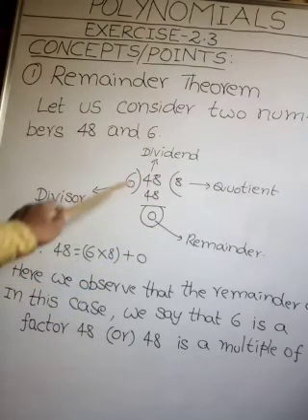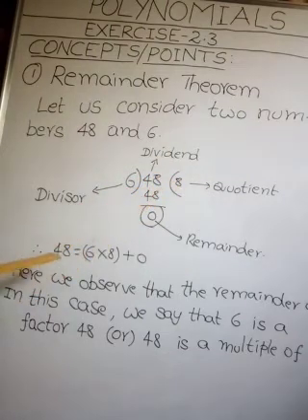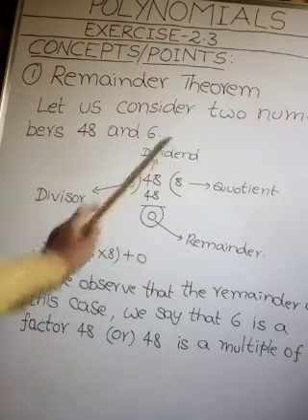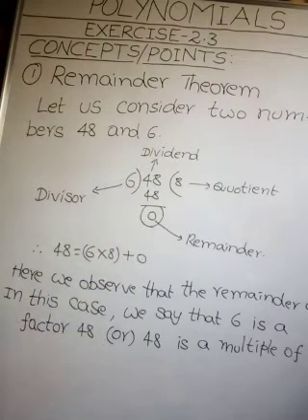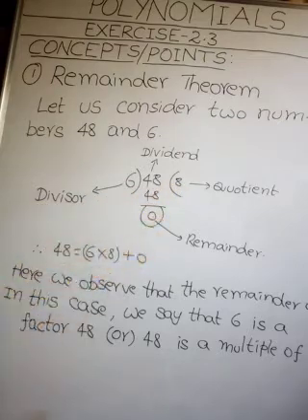So we write this fact in the form of an equation like this: 48 is equal to 6 into 8 plus 0.